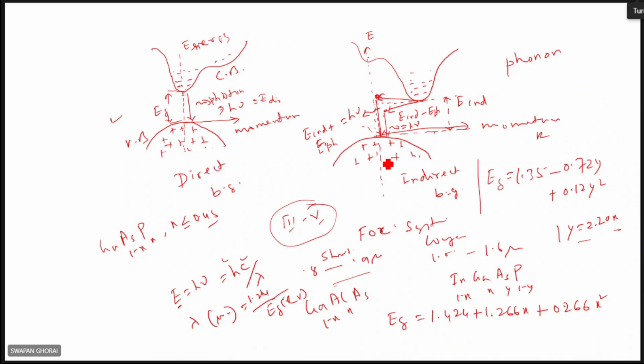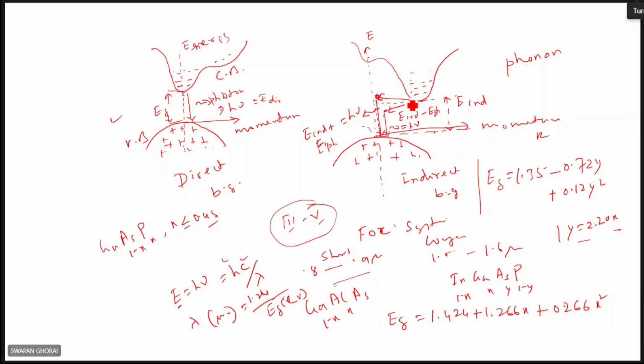But in case of indirect bandgap materials, this is the conduction band minimum and this is the valence band maximum. They occur at different momentum values. If there is a transition, it will be against the principle of conservation.